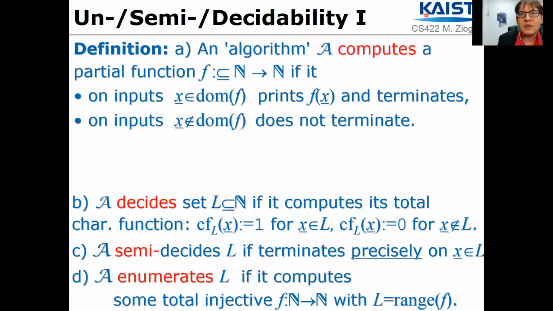Okay, so now we have formalized four notions. Three of them refer to decision problems, to a subset of natural numbers, where basically any natural number is kind of a query, and the reply, the output, in this case must be a Boolean: yes, belongs to L, no, does not belong to L. But the subtlety here is that for computational purposes, we also consider cases where the computation is not required and actually is prohibited from providing any answer, namely in this case when x does not belong to L. And the more general notion of computing has also such a required non-termination.